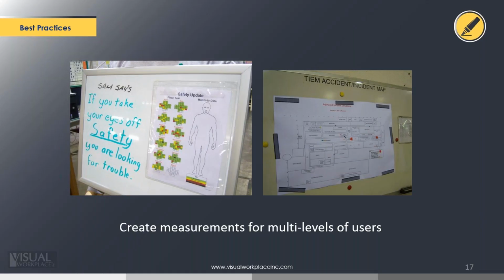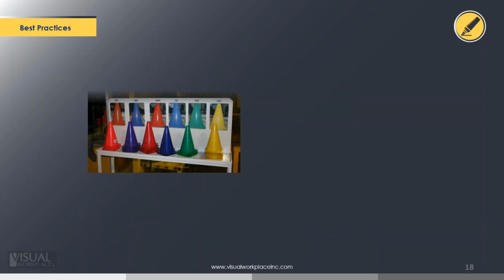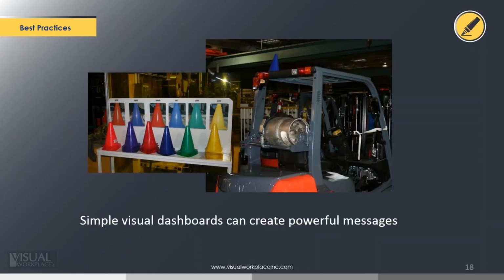In this next dashboard, again, it doesn't look like a dashboard, and this is where I give them an A for creativity. This was again in that material handling plant for Toyota, in their finished goods area. They had created a color-coded system with cones. If things were coming off the production line and there were repairs or items that needed to be inspected, they would place a colored cone on top of the lift truck, which indicated what department was responsible.